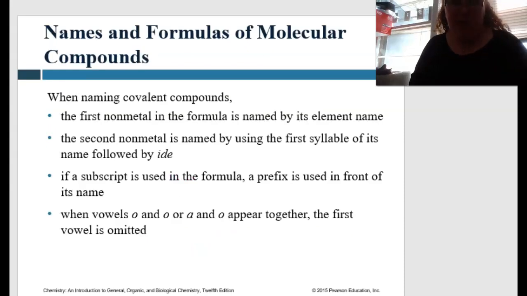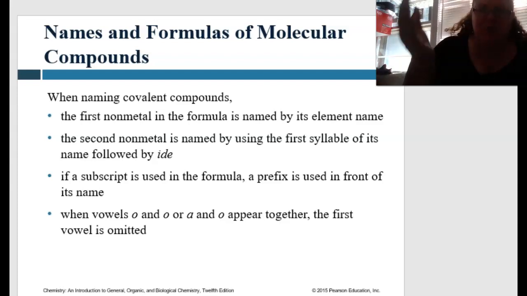So when naming covalent compounds, the first nonmetal in the formula is named by the elemental name. The second nonmetal is named by using the first syllable of its name followed by ide. And then if a subscript is used in the formula, then a prefix is used in front of its name. When the vowels O and O or A and O appear together, the first vowel is omitted.